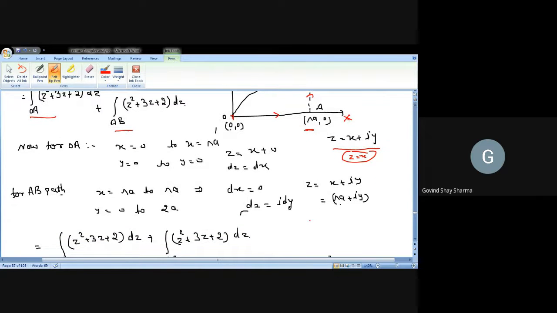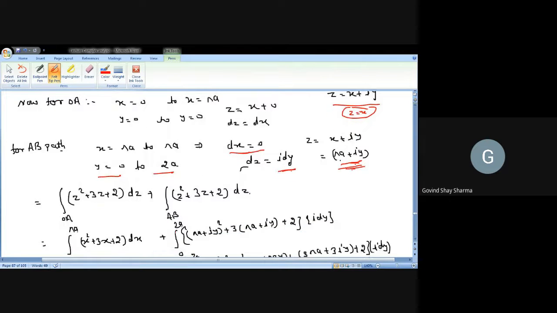Now AB: x is πa to πa, so dx = 0 and y is 0 to 2a. So dz becomes i dy. Here we put the value of x as πa, so this is our z: z = πa + iy. Now it is OA plus AB.